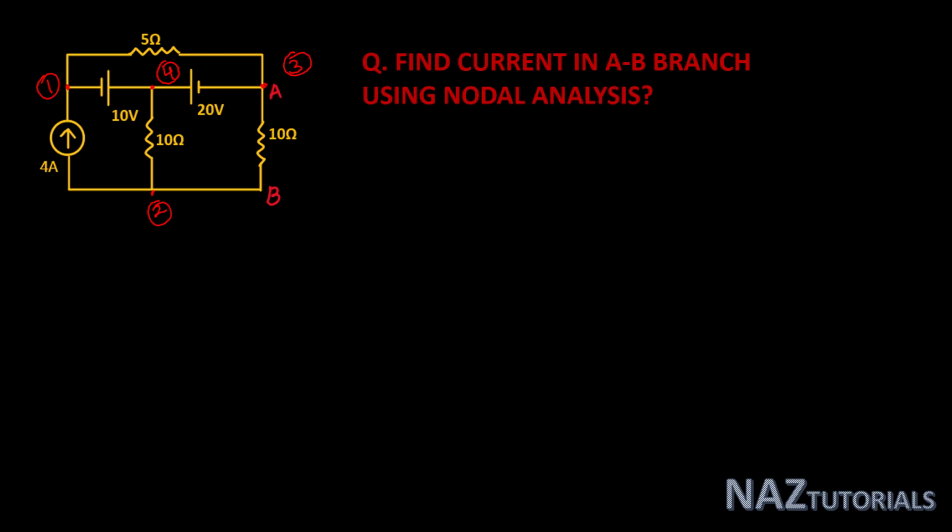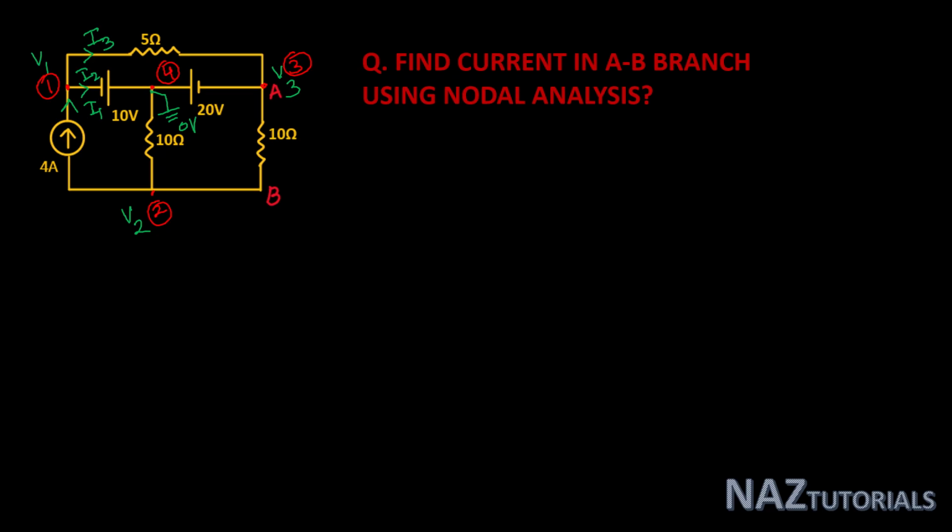So select node 4 as the reference node, at 0 volt. Now node 1 is at V1 volt, node 2 at V2 volt, node 3 at V3, and node 4 is assumed at 0 volt. Now the branch currents: for node 1, I1, I2 and I3.